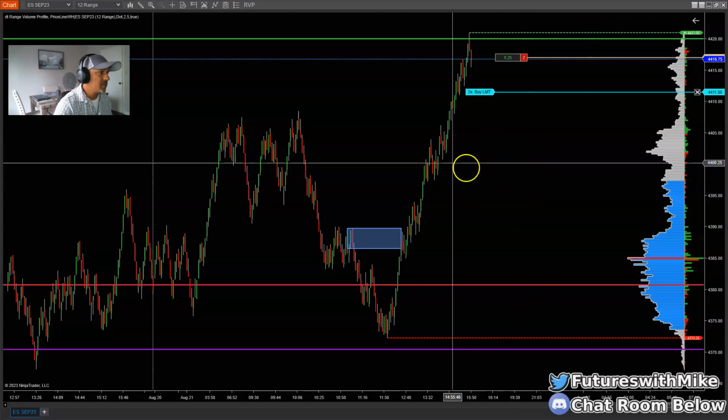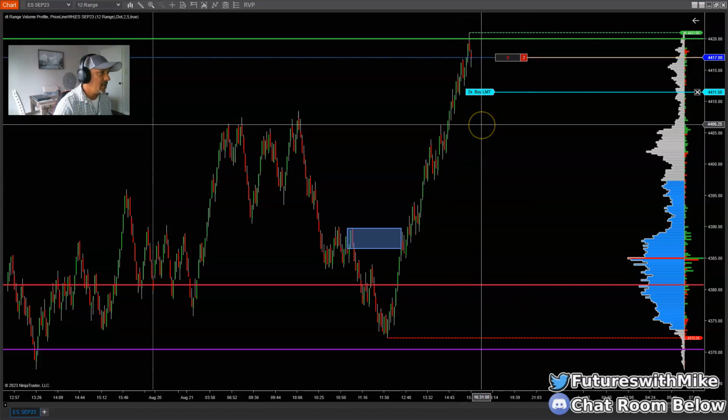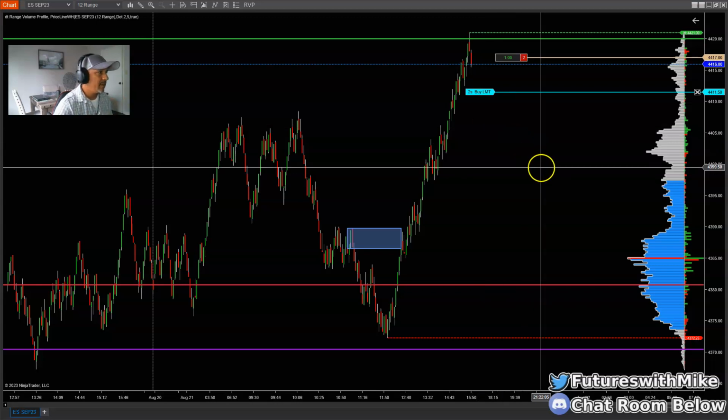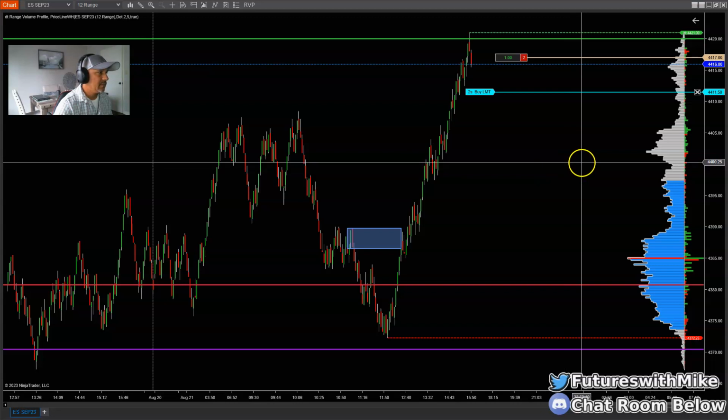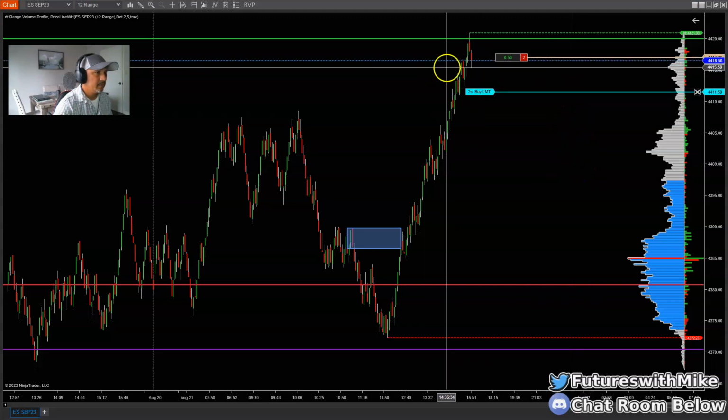It starts doing some funky stuff and gets really volatile, typically 15 or 10 minutes before the close, or it starts moving real slow, and I don't want to be in a trade. So come on.